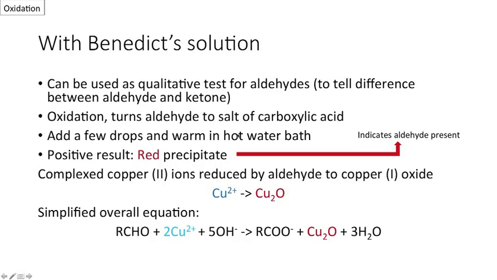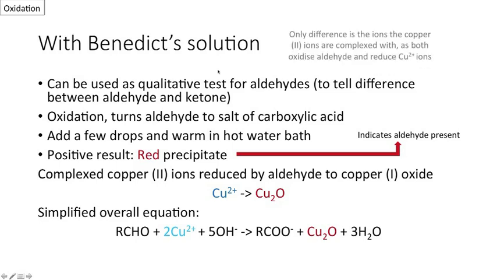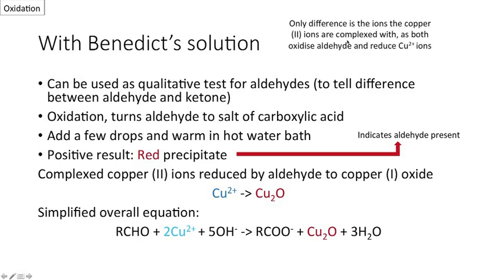This is similar to Benedict's solution, where effectively the same reaction takes place with these copper ions being reduced. So this will again only work for aldehydes. The only difference is that the copper 2 ions are complexed with different compounds, but they both oxidize aldehydes and reduce Cu2+ ions, so we'll give the same result.